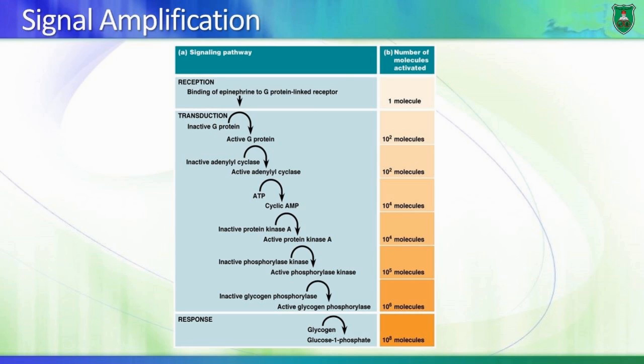This one receptor can activate multiple G proteins. And each one of these multiple G proteins would activate a single adenylate cyclase. Now, each adenylate cyclase can produce thousands of cyclic AMP molecules.